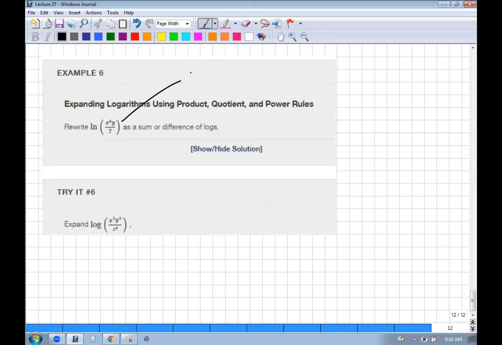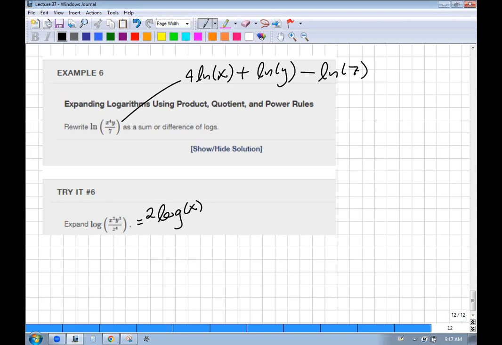We have an x to the fourth. That would be bring the 4 out front. Then we're multiplying by the y. But then we're dividing by the 7. All right, this one we got log of x squared. The 2 comes out front. The y cubed, and bring the 3 out front. The z to the fourth is on the bottom, so we have to subtract. And the 4 comes out front.